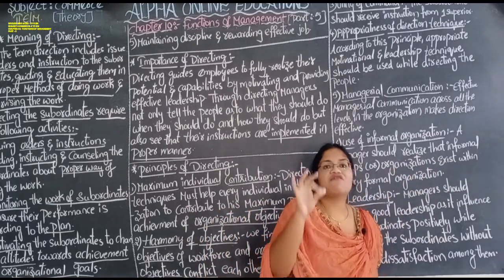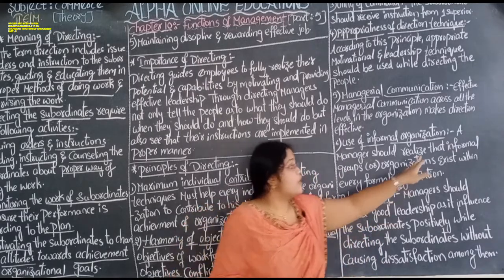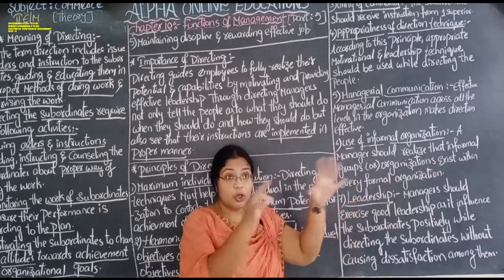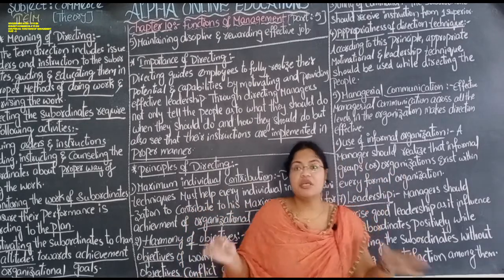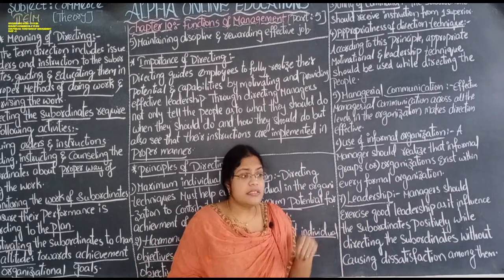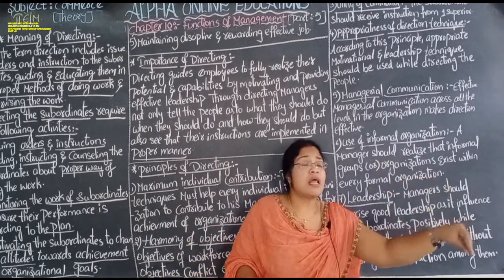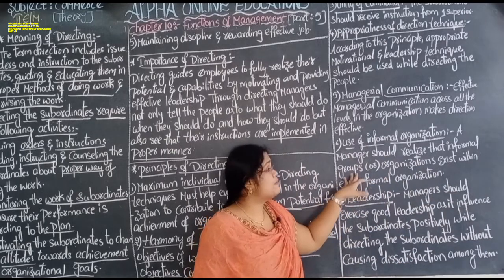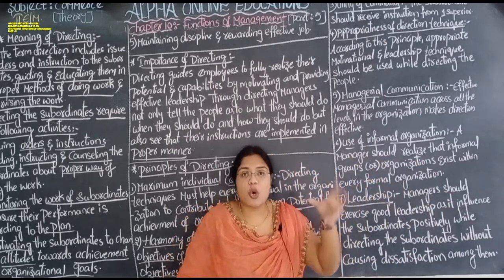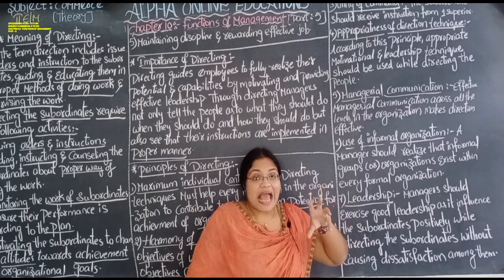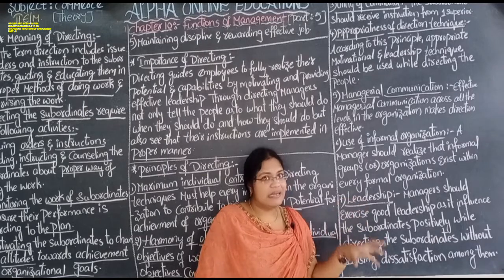In every formal organization there will be informal groups of employees, or unions. So the manager should take these informal groups as a source. He has to utilize it as a source, and also know who is the main leader in that group.